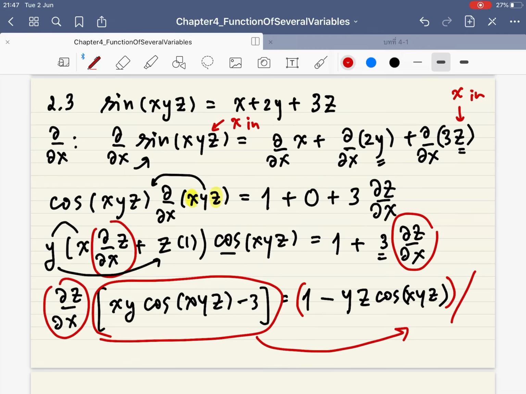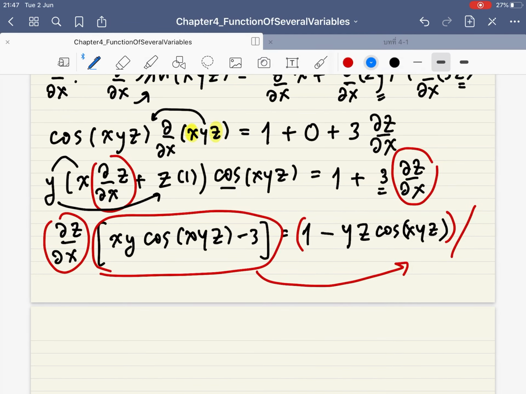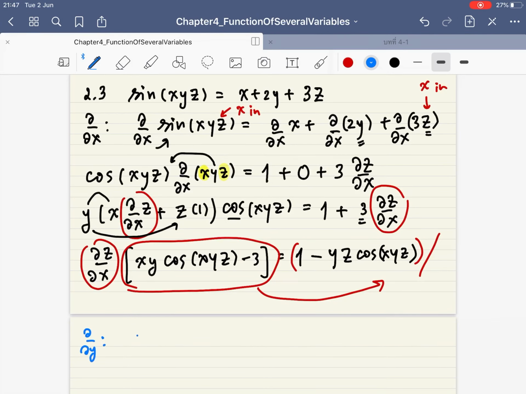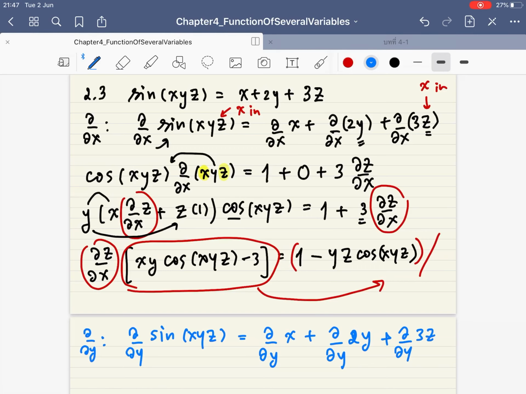Next, if we want to find a derivative with respect to y, so you are going to take a d by dy both sides. So it is a first term on the right, the second term on the right, and the third term on the right. Again, this one has y in there, this one has y in there.